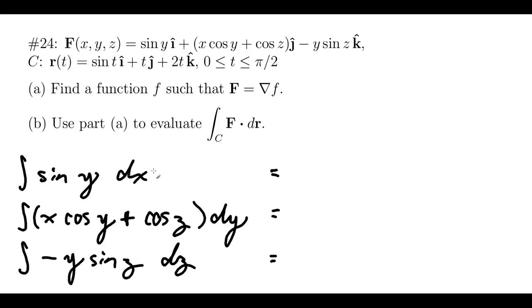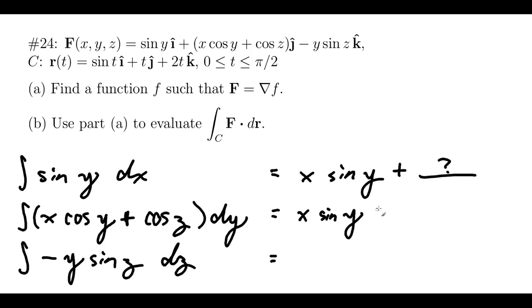So integrating sine y with respect to x, we get an x sine y plus something. Integrating this stuff with respect to y, we have x cosine y, x is constant, integral of cosine is sine. We have this cosine z, that is constant, so we slide a y in there.